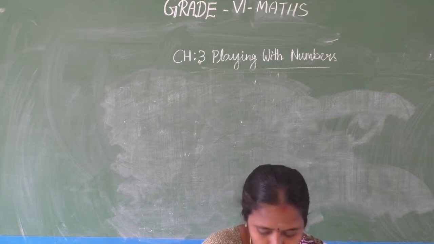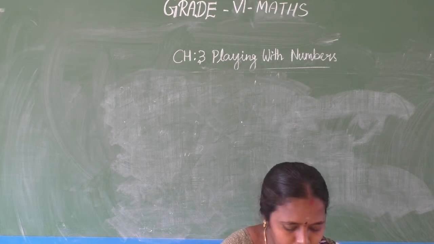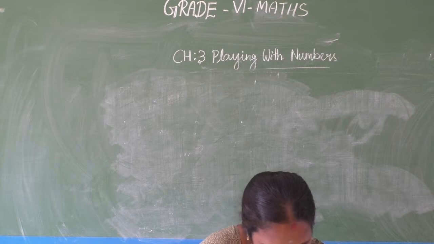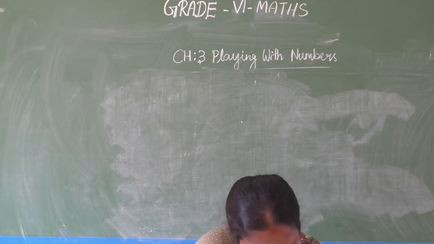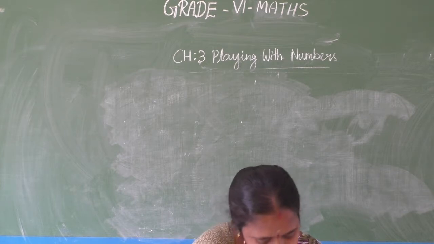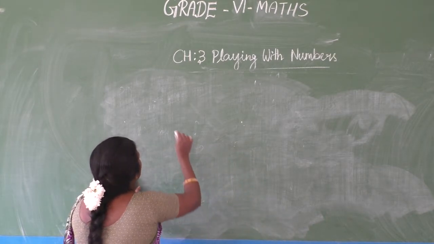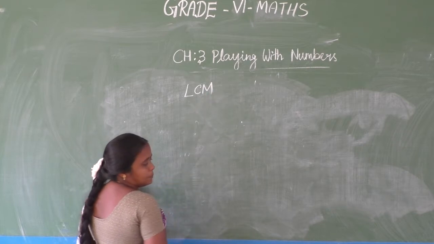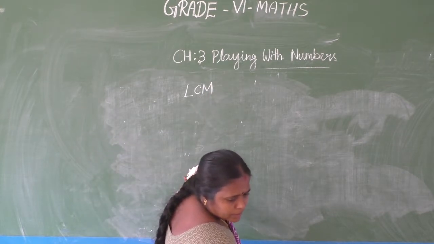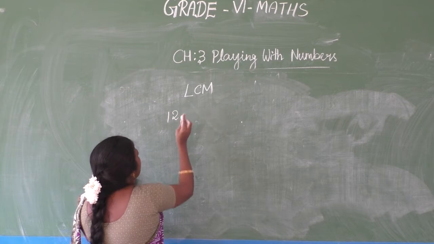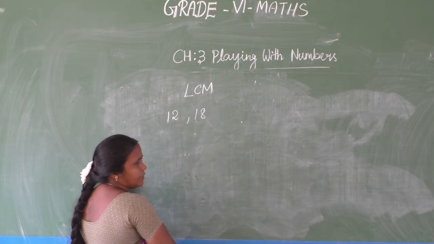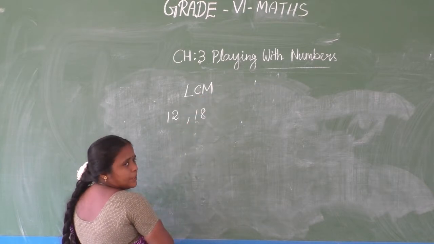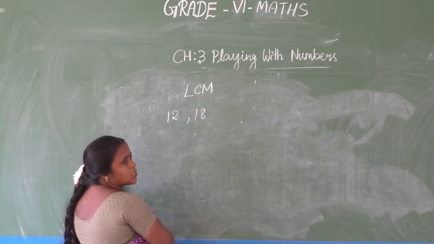Clear? For example, here I have taken the 2 numbers 12 and 18. LCM, least common multiple. 12 and 18, 2 numbers given. In that, common multiples we have to find first and then the least common multiple.